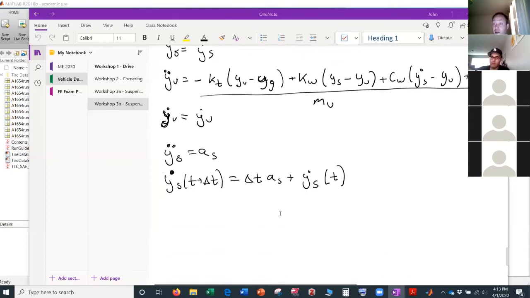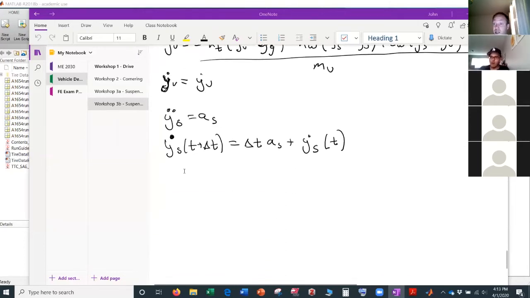And in a similar way, if we know the velocity, we can get the position. So the new position at t plus delta t is just going to be the change in time times the velocity plus the old position. So we linearize it.